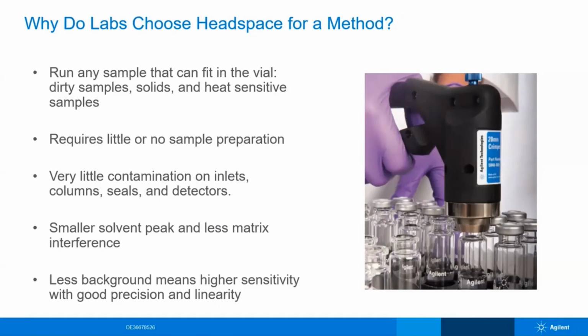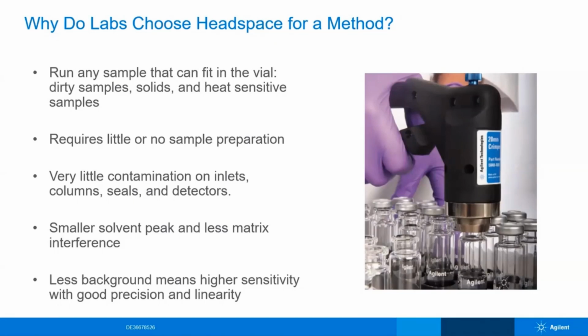Additionally, because you are pulling the vapor phase from the vial, everything else stays in the vial. There's very little contamination on inlets, columns, seals, and detectors, as well as generally less maintenance required on the system.